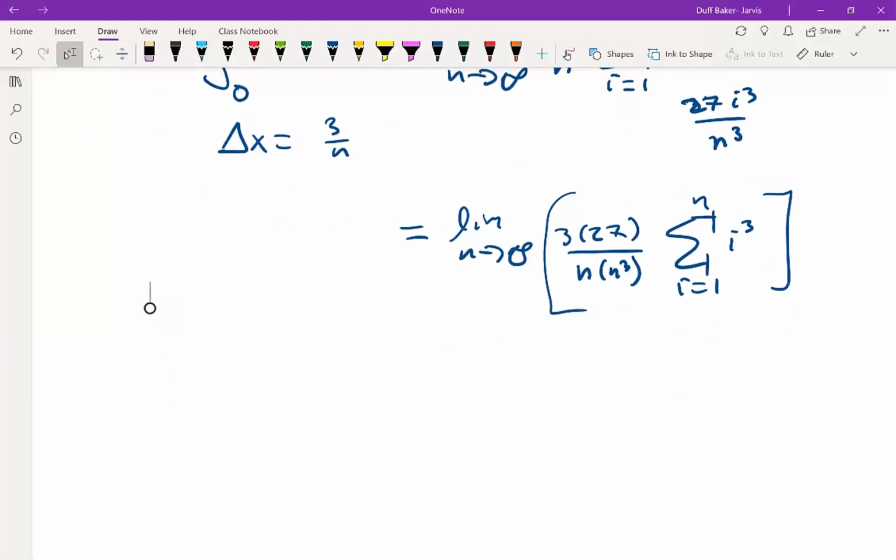Okay, and then we know that there's a formula. You might have to look it up again for i cubed, right? Remember, it's n plus 1 over 2, like the other formula, but it's squared.